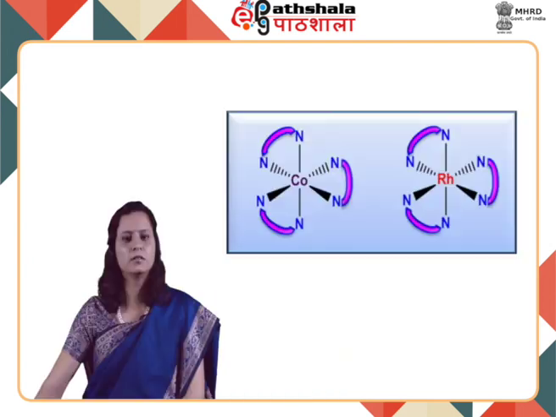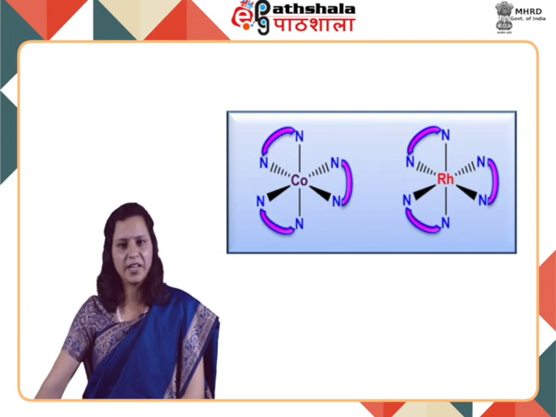This method of naming complexes is not found to be appropriate because when the optical activity of the tris(1,2-diaminoethane) M(III) complexes, where M can be rhodium(III) and cobalt(III), was measured at the sodium D line, that is 589 nanometer, they rotate the plane polarized light in opposite directions.